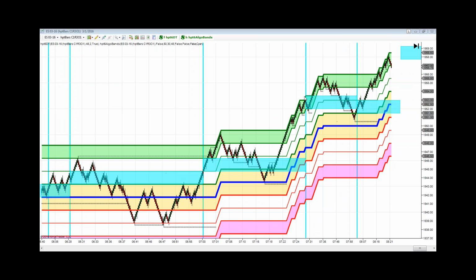Now this one's important because if you recognize what this is, it's an extreme algo band. Okay, this band formed at the extreme range. And not only did it form at the top of the dynamic trend, but it also had a session high here as well.